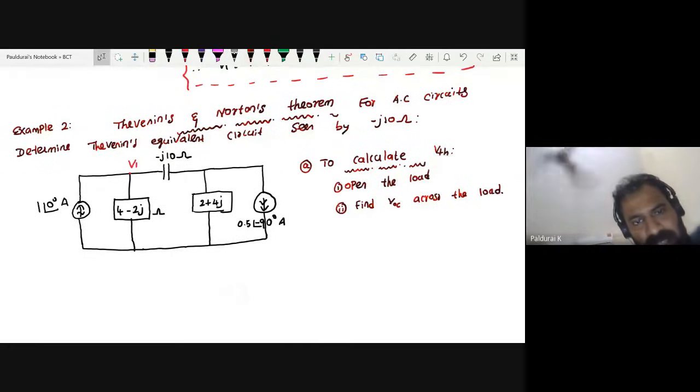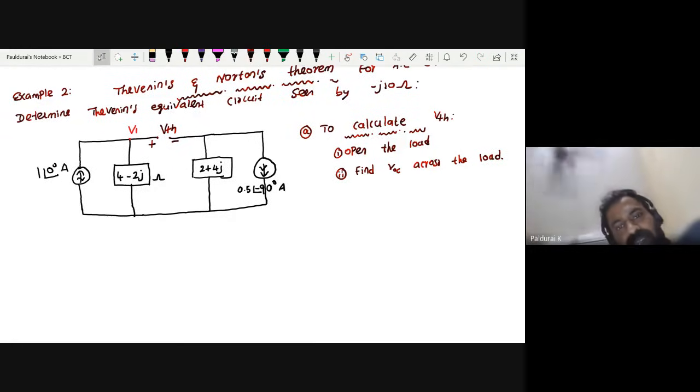Just listen, I'm opening the whole load, and now this is my VTH, right? This is my plus and this is my minus. Now how will you find this VTH? It's quite interesting. Any idea?